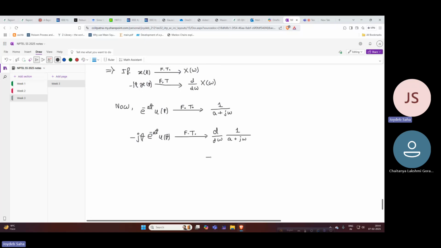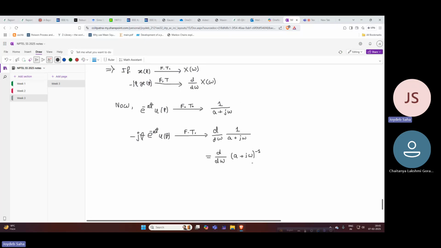Can we write it as d by d omega of (a plus j omega) to the power minus 1? We can write, right?